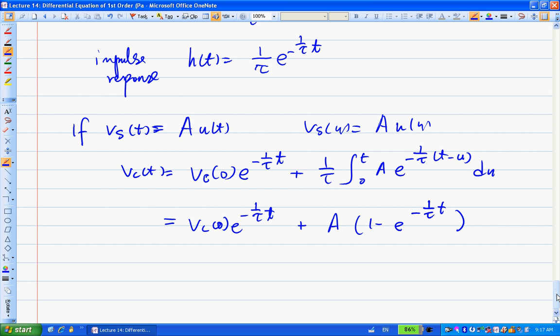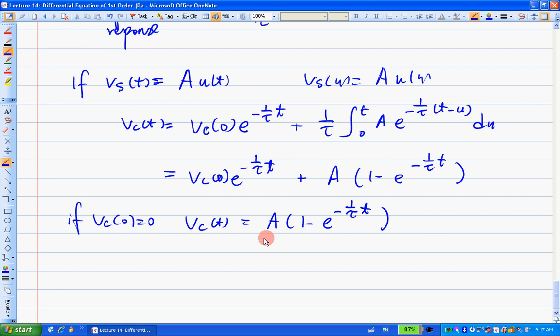If the initial condition is 0, so VC naught is equal to 0, then VC(t) is basically A(1 minus this).